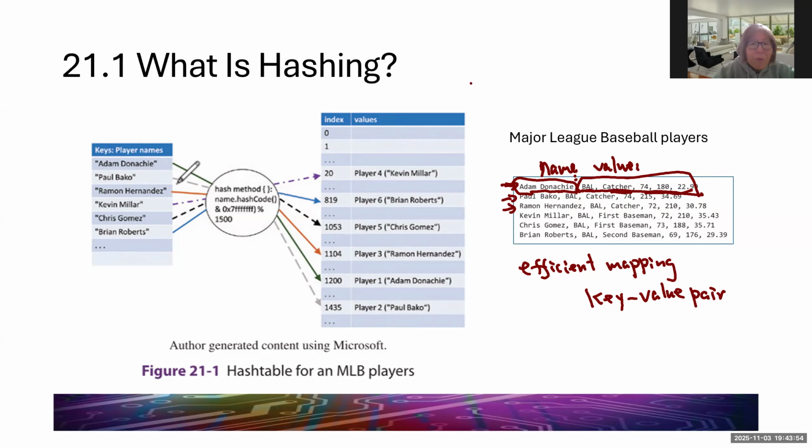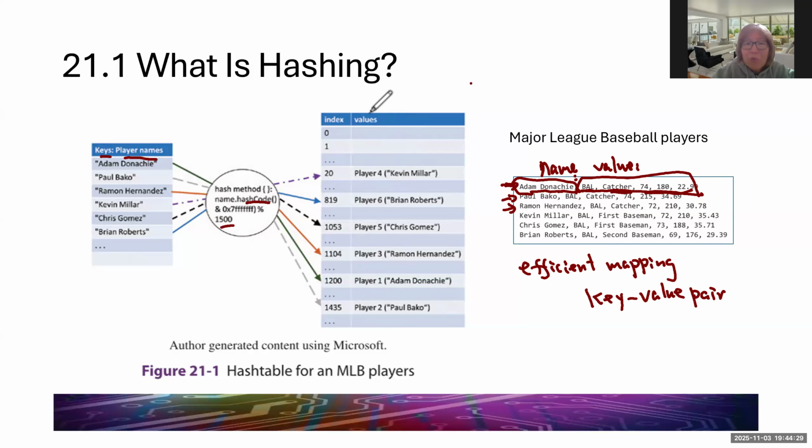Okay, so in this case, over here, we have player names, and then we can apply some hash function to generate some hash code. Later on, we will see how we can define the specific hash code. After that, we can apply it.